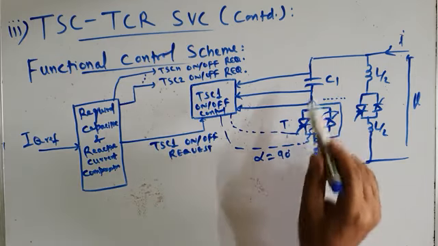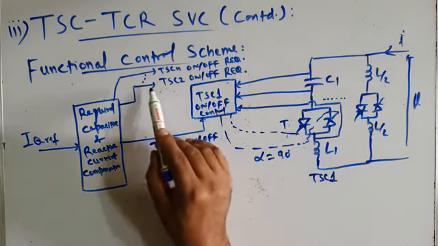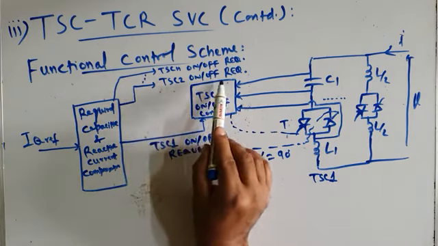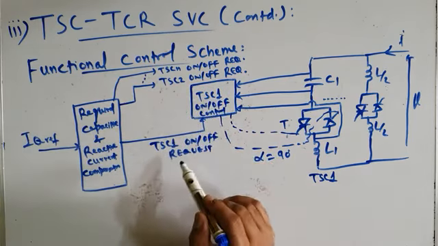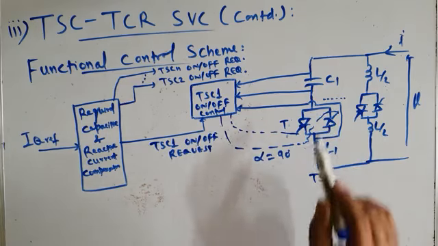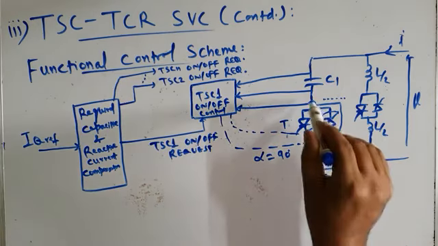So this TSC branch is turned on. Similarly, if another TSC on-off request goes to a block like TSC2 on-off control, then the control pulse will go to another TSC, which I am not showing here.